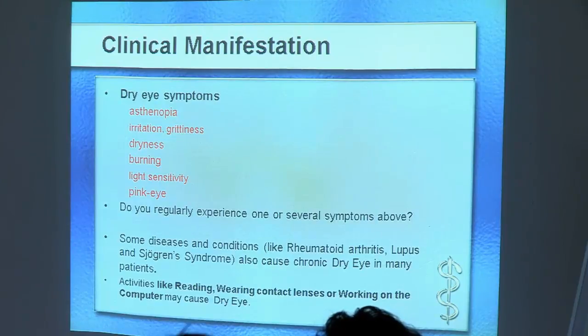The other thing which we need to be careful about is contact lens wearers. And as I said earlier on, glaucoma patients, because they are on so many drops, and most of the drops still have preservatives in it, they cause problems with the tear film. So another common term that we use is tear film dysfunction.